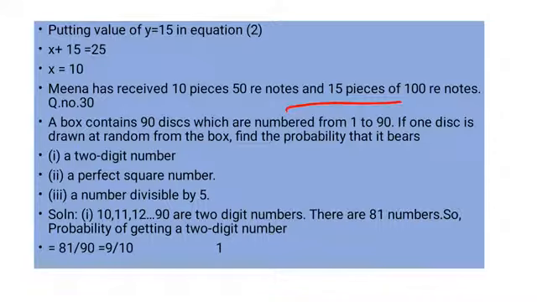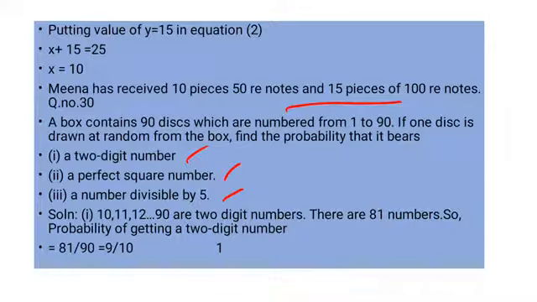Question number 30, based on probability. A box contains 90 discs which are numbered from 1 to 90. If one disc is drawn at random from the box, find the probability that it bears a two-digit number, a perfect square number, a number divisible by 5.